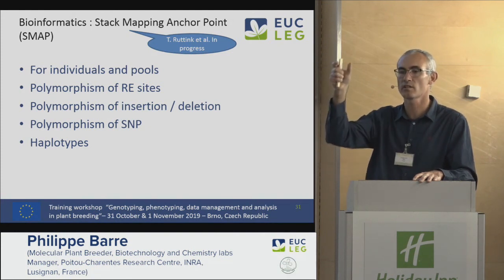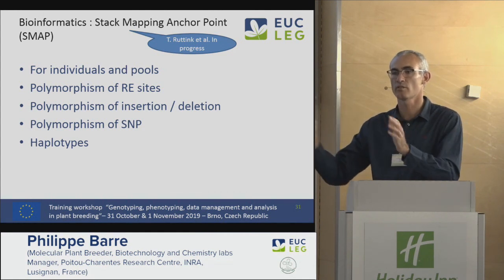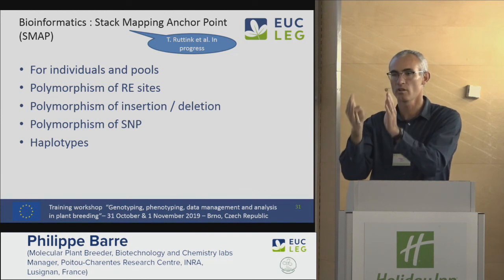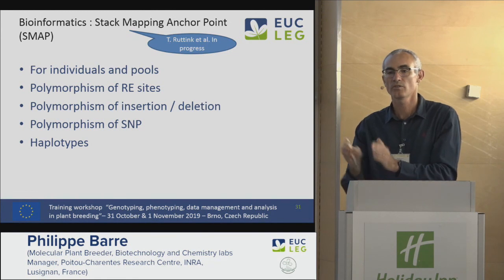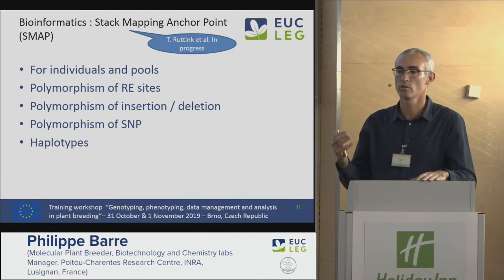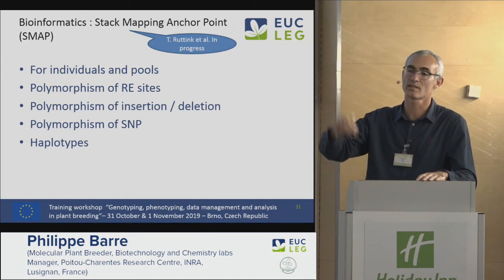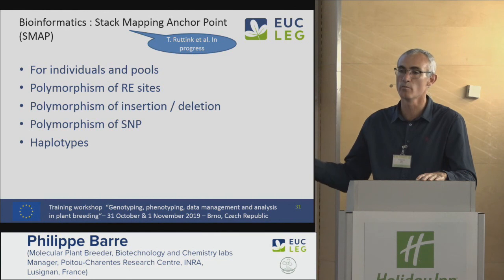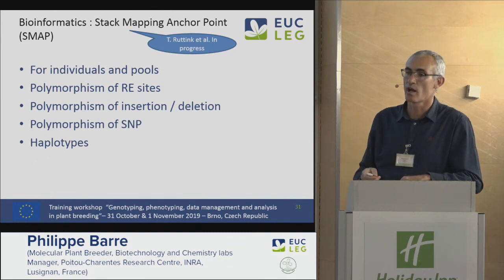You remember at the beginning I said we now forget about the differences of amplification. We focus on the loci where everybody is amplified. But you can have some differences because of insertion, deletion, or other stuff. And the idea here is to be able to point out and get out that information and use it as new markers. And in addition to that, you have the possibility to have a haplotype.